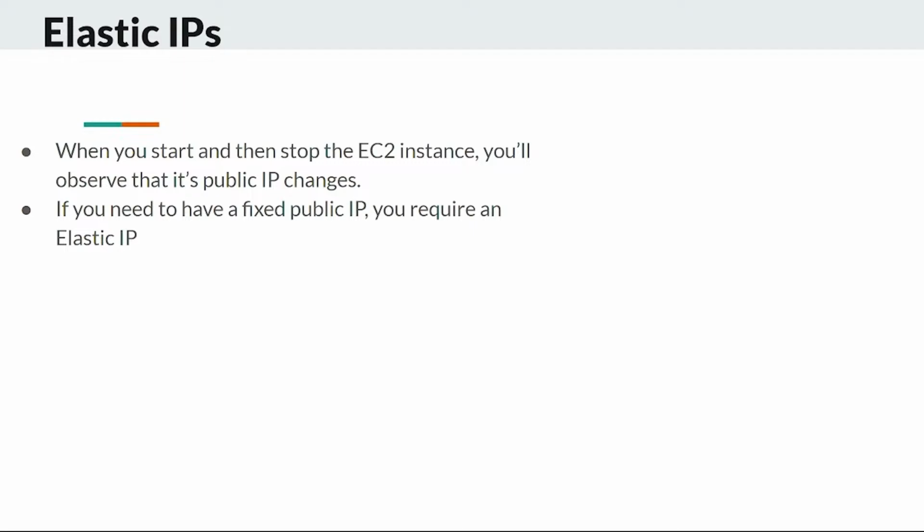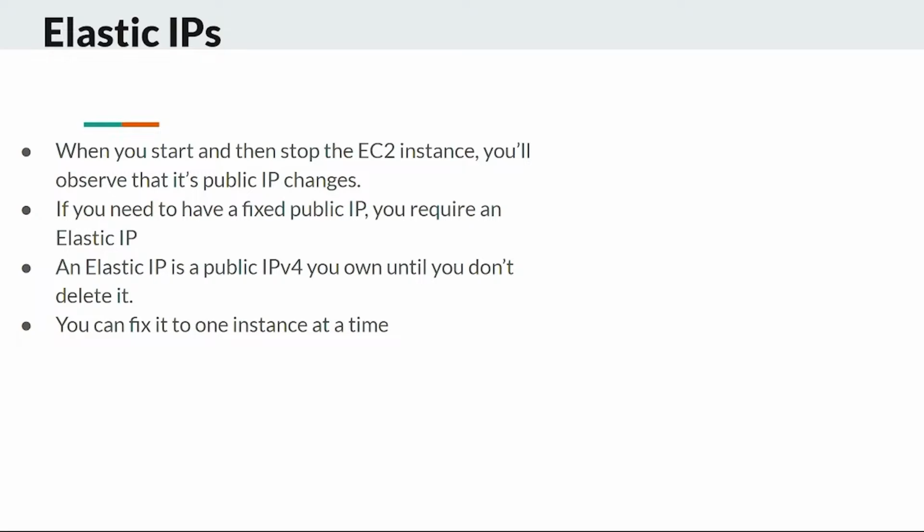Elastic IP is a service from AWS which fixes your IP address to the server whenever you are working on an instance. Next, an elastic IP is a public IPv4 address you own until you delete it. Okay, until you disassociate or delete it, that IPv4 address will be stuck to your instance. You can fix it to one instance at a time, and you can remap it across instances.